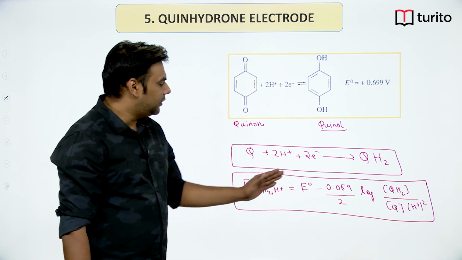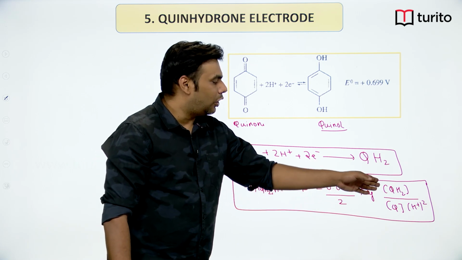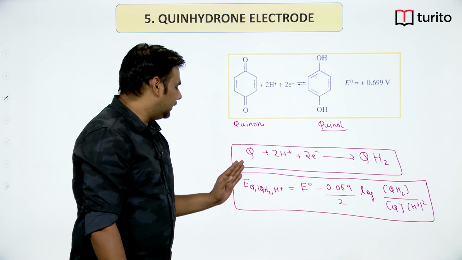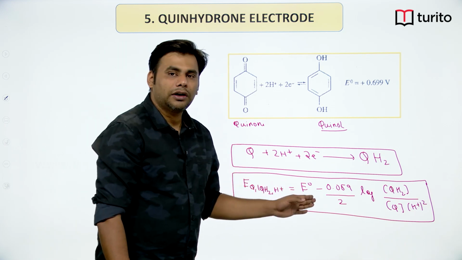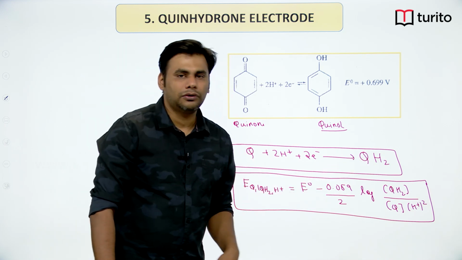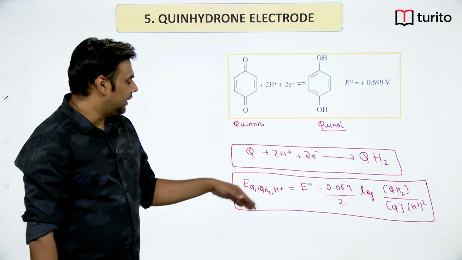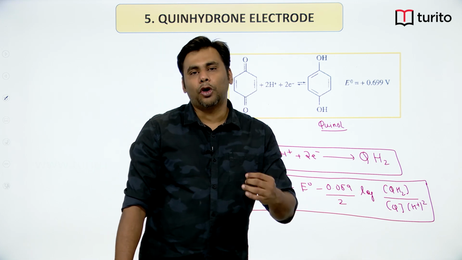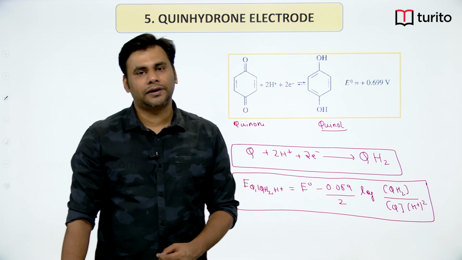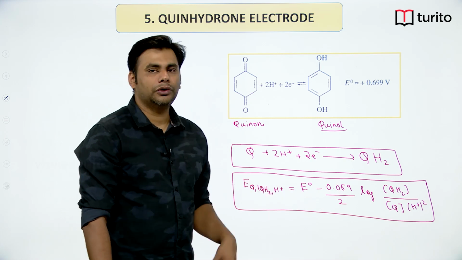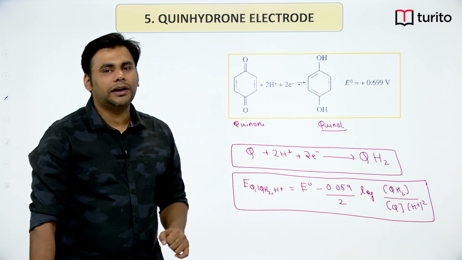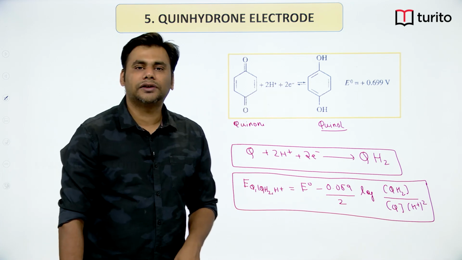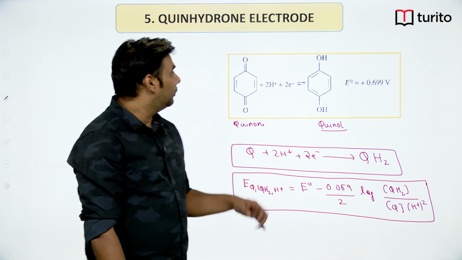So E would become E naught minus 0.059 log of H plus raised to minus 2. You can take this minus 2 outside, so it will become E equals E naught plus 0.059 into log of H plus. So basically the expression will become E equals E naught minus 0.059 into pH. We know the value of E and E naught, so we can calculate the pH of the solution at which this reduction reaction is happening. Hope this is clear to you.